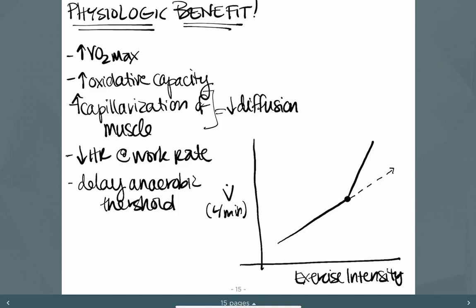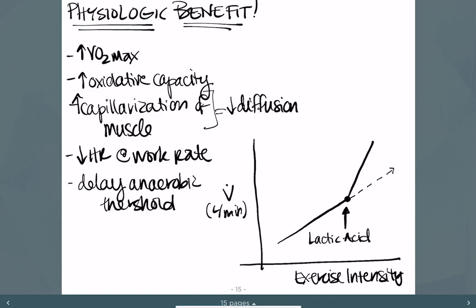But there's this bend because when we get to a certain exercise intensity, we start relying on anaerobic metabolism. When we're running glycolysis really hard, we start making a bunch of lactic acid, which has to be buffered. How do we buffer that? We increase our respiratory rate to blow off the CO2, which is the acid, pulling the hydrogen out of the blood and maintaining our pH.